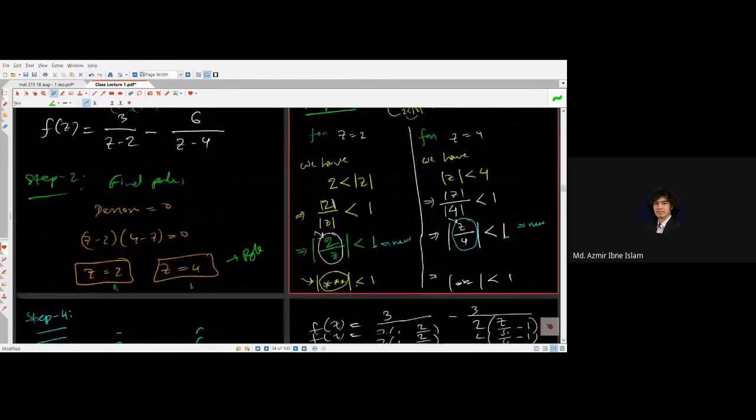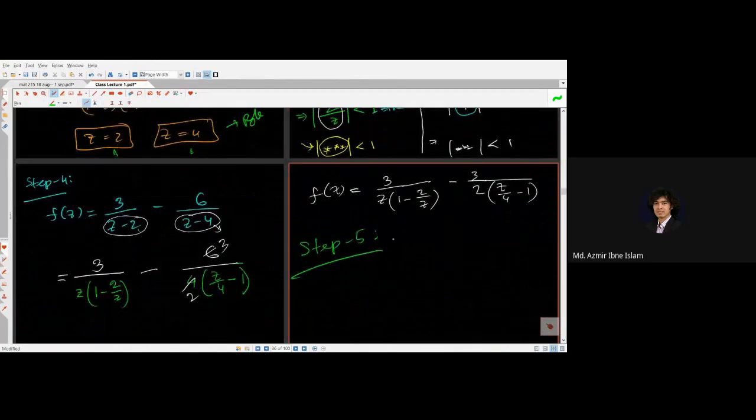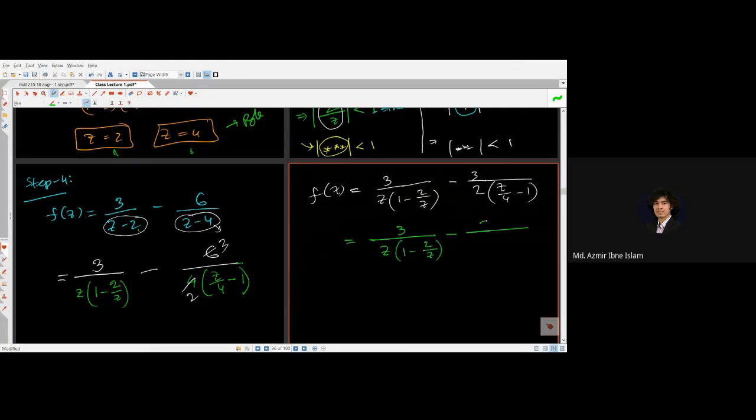So you can see, we can write this one as 3 by z, 1 negative 2 by z, and it is 3 by 2.